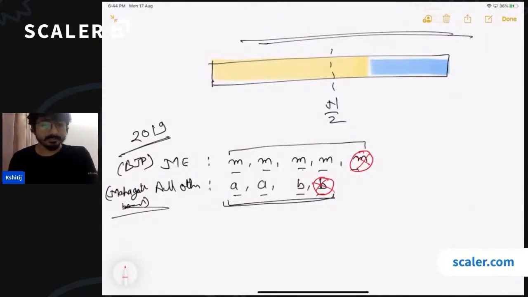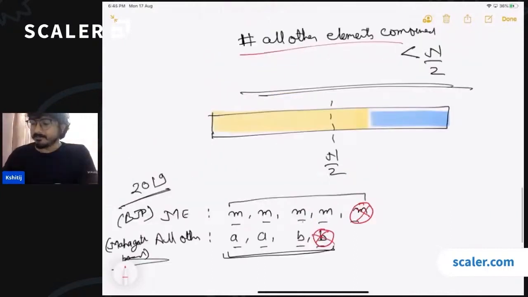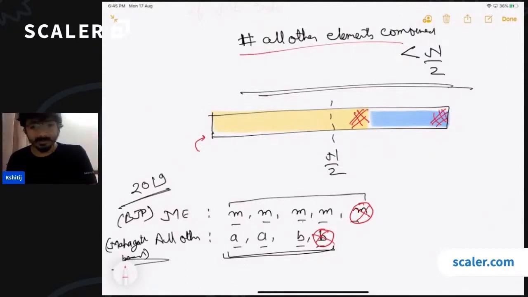Now who is the new winner? You can quickly count the total votes and see who is winning. It's still BJP, right? So in terms of this array, you have removed one occurrence of the majority element, and with that you have also removed one occurrence of a non-majority element.